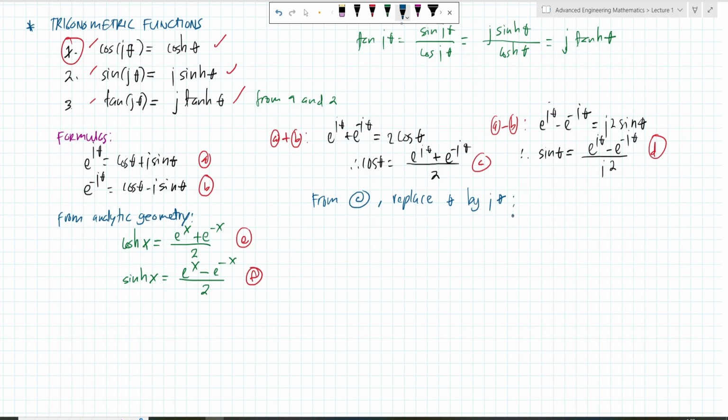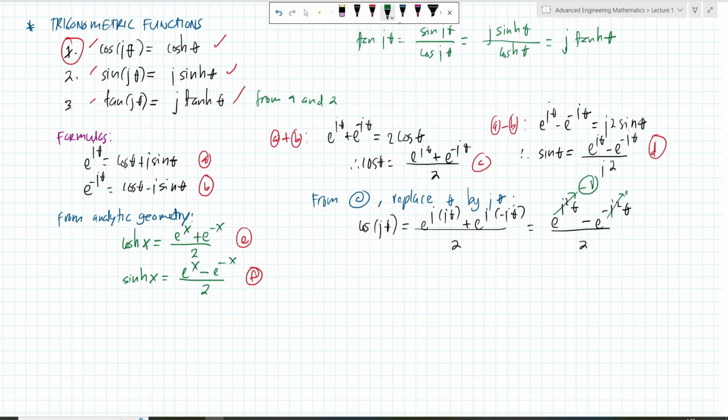So what will happen? Cosine of j theta equals e raised to j times j theta plus e raised to j times negative j theta, over 2. j times j is j squared, so e raised to j squared theta plus e raised to negative j squared theta over 2. And what is j squared? It is equal to negative 1.